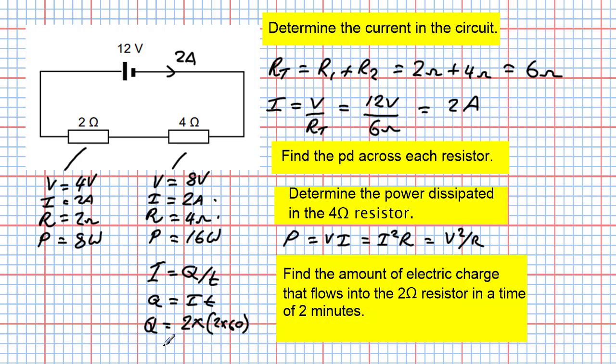We get 2 times 2 is 4, 4 times 60 is 240, and the unit for charge is capital C, coulombs. So that's just a little example of the type of questions you could be asked in circuit theory. You could be asked any of these questions, and it's always good to be organised and keep all the data under the resistors in question.